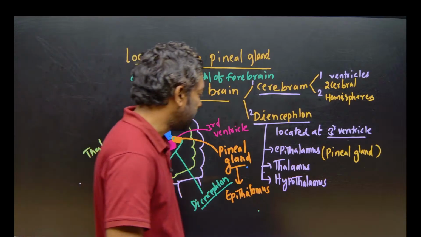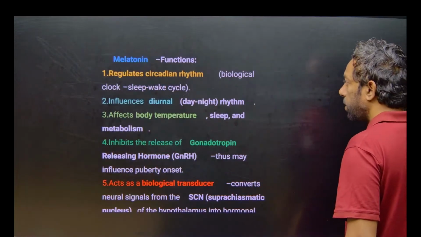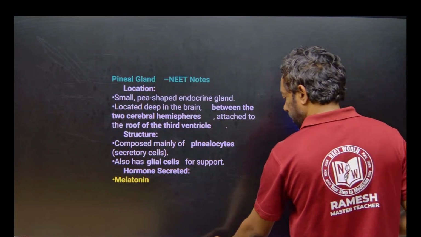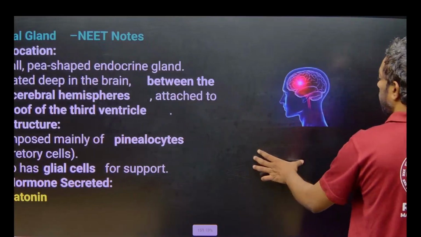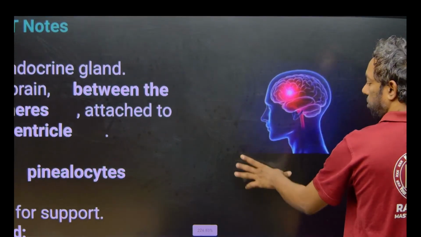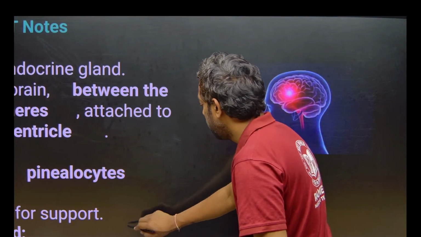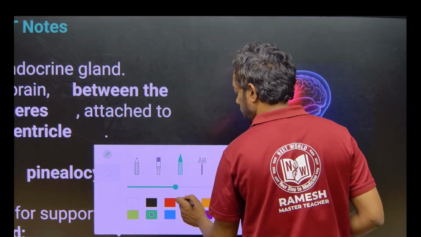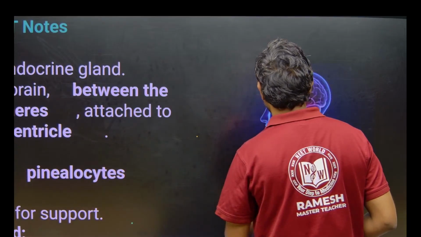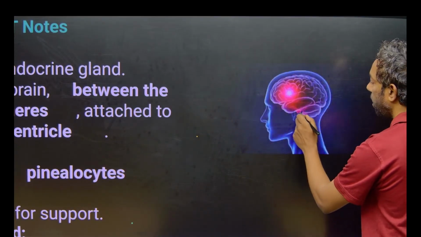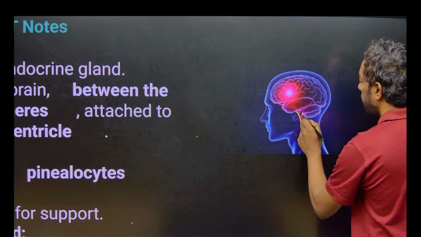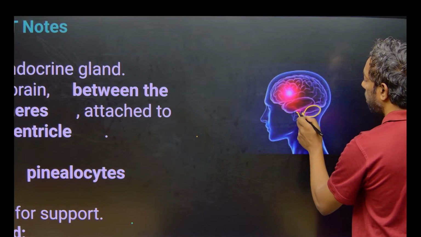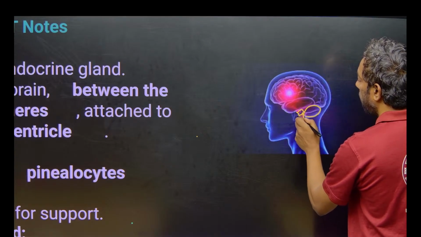Next, just look here, guys. This is the human brain. This is the spinal cord, this is the cerebellum, and this is the midbrain.